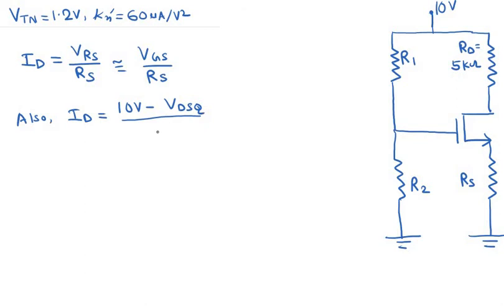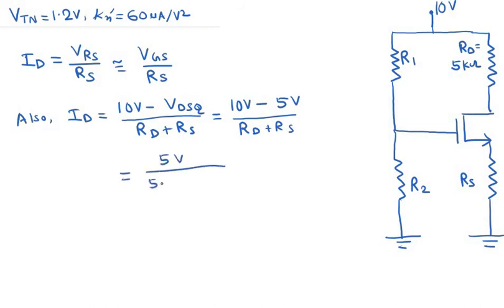So ID is 10 volts minus VDSQ divided by RD plus RS. In the question VDSQ is approximately 5 volts, so 10 volts minus 5 volts divided by RD plus RS, which is equal to 5 volts divided by 5 kilo ohms plus RS.